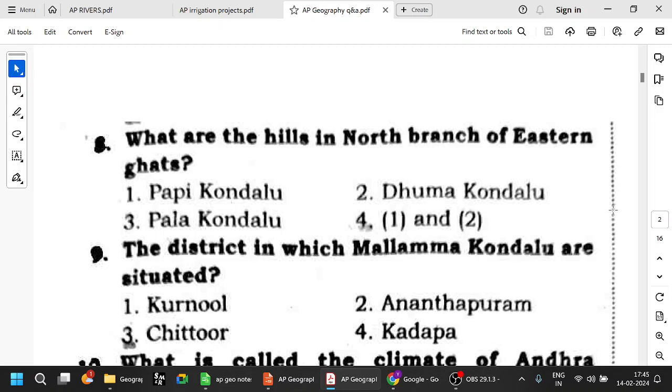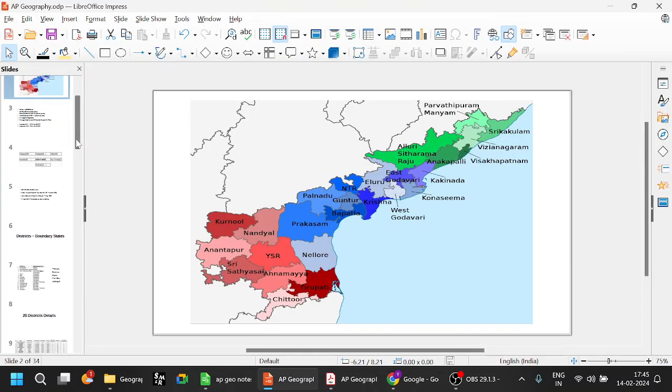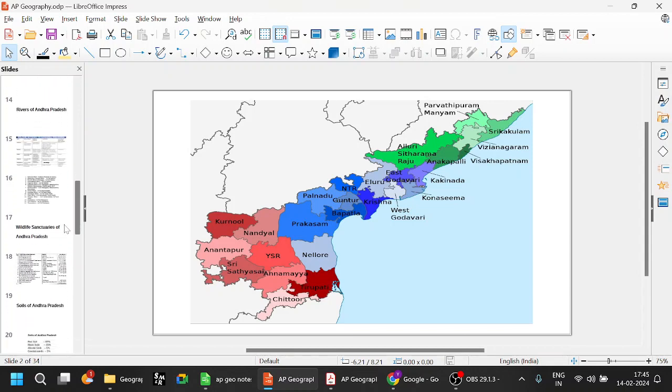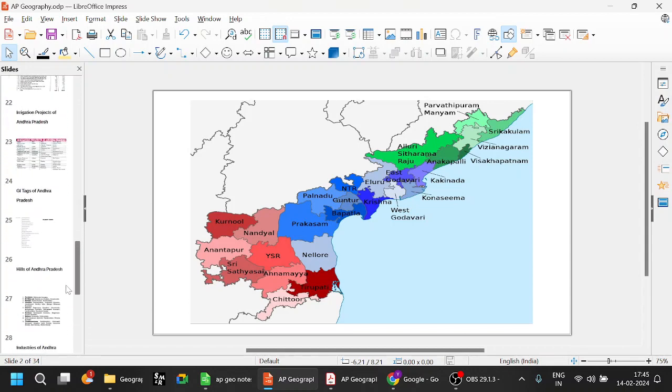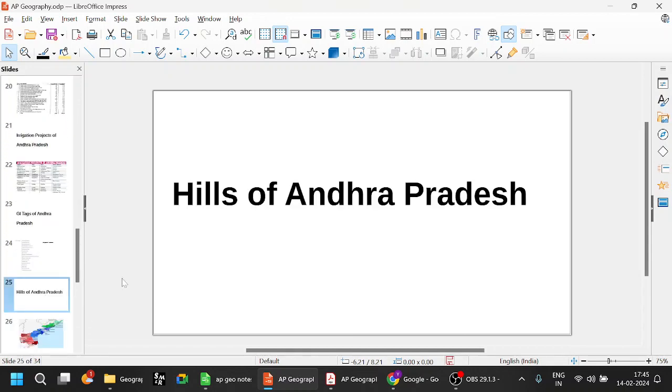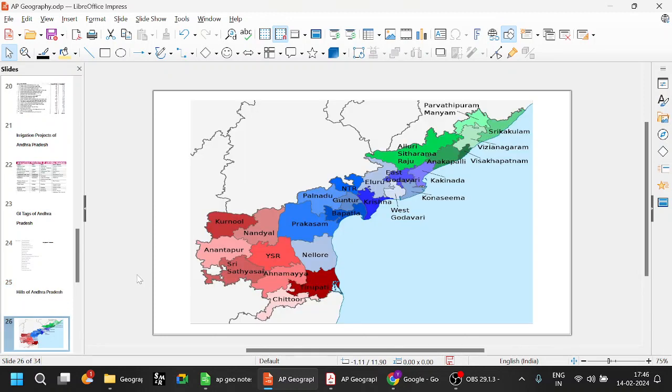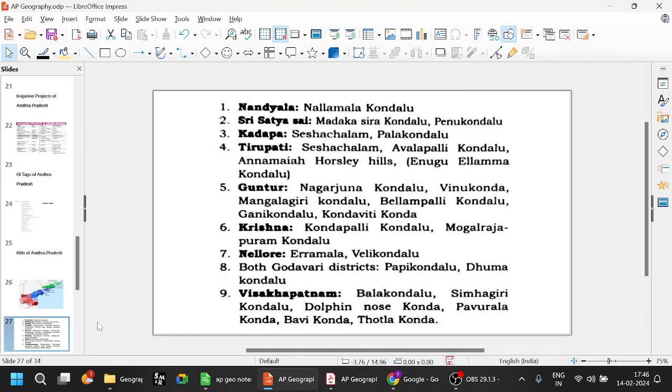What are the hills in the north branch of the Eastern Ghats? Now let us look at various hills of Andhra Pradesh.